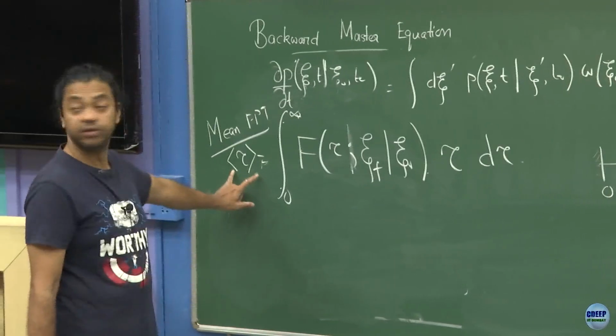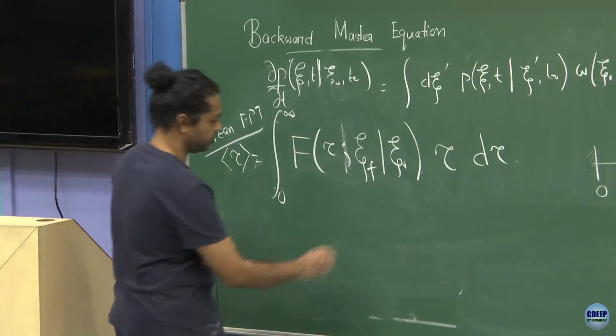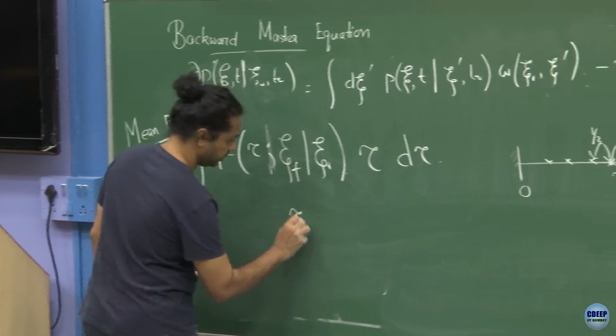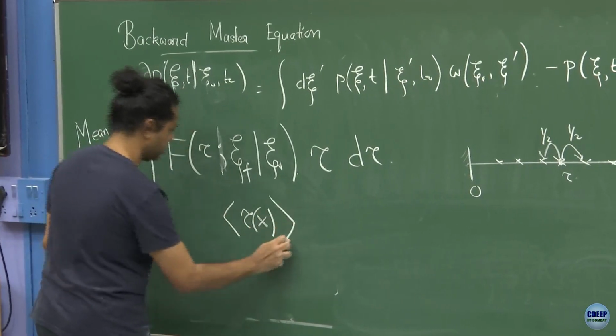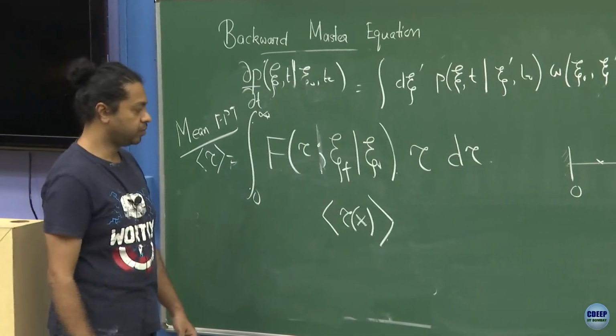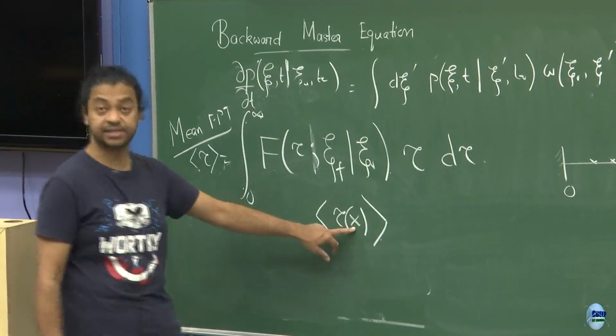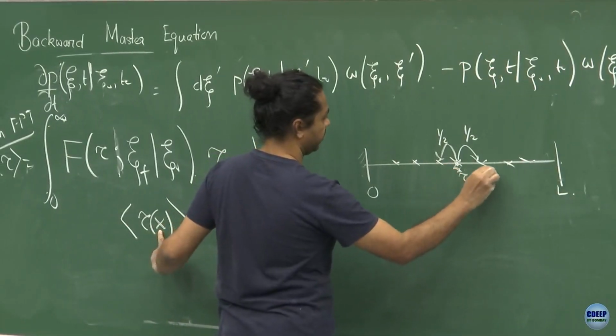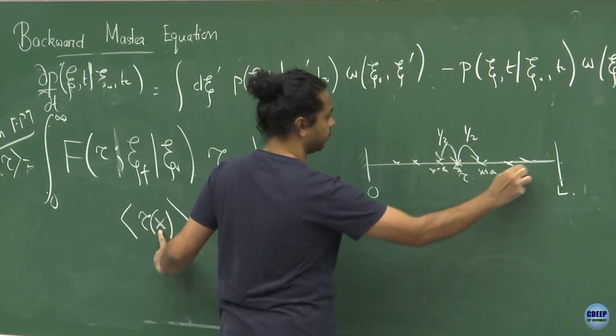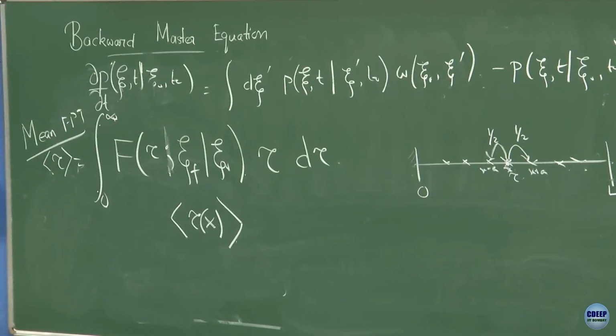But I want to write down this equation for this mean time, if I were starting from some site x. So this is my site x, this is x plus a, this is x minus a, and so on and so forth. Is this setup clear?